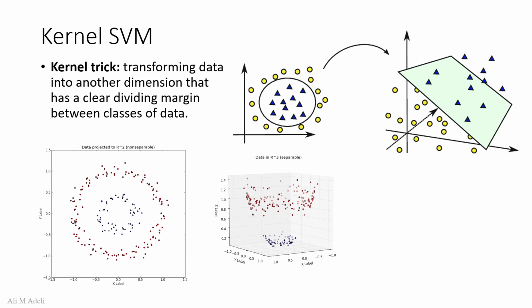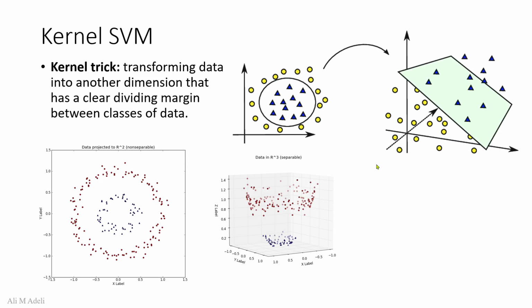So there's a thing called the kernel trick. And what we will be using is basically kernel SVMs. So it's basically SVM with a kernel trick. And what the kernel trick does is it transforms data into another dimension that allows you to perfectly divide the different classes.